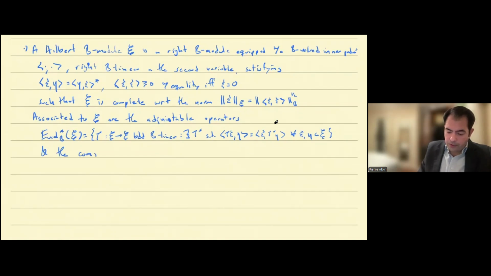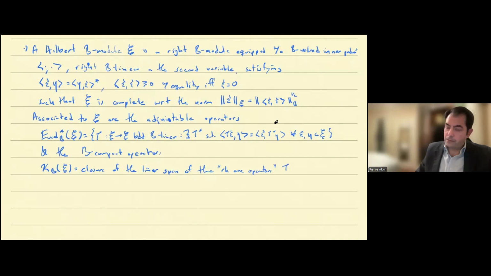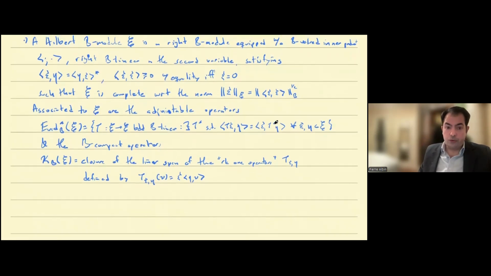And within those are the B compact operators. Right, so this is the closure of the linear span of the rank 1 operators, defined by... So this gives you a closed two-sided ideal as usual.